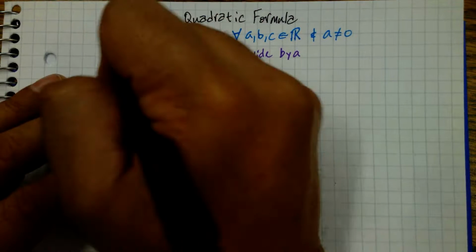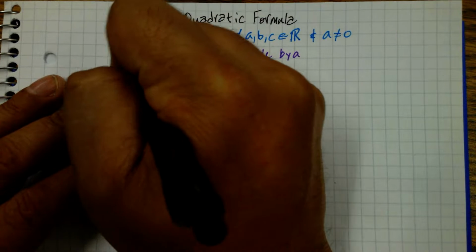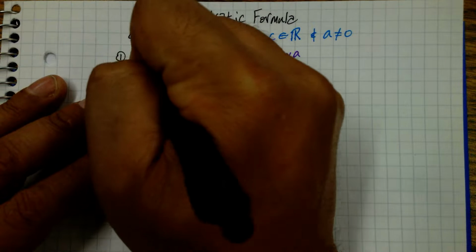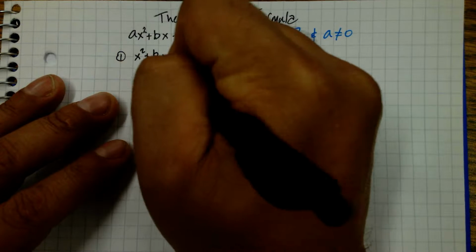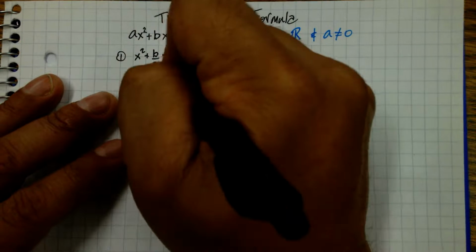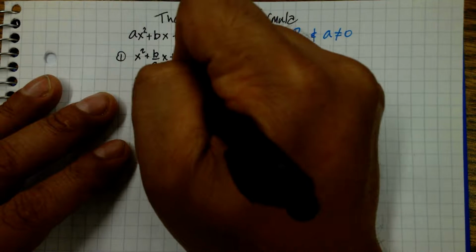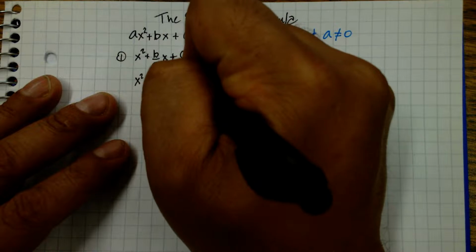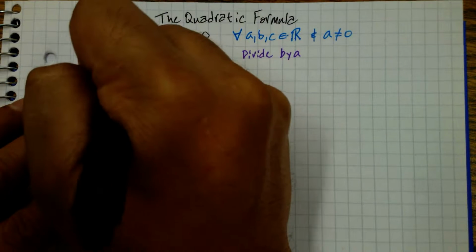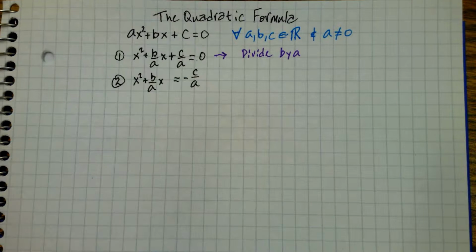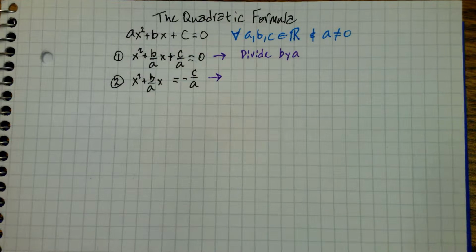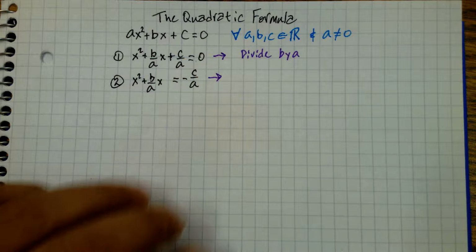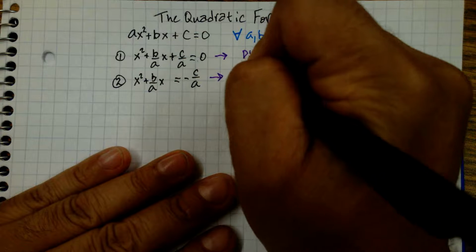Yeah, so that's step 2. x squared plus b over a x equals negative c over a. That's step 2. And all we did there is move c over a to the right.